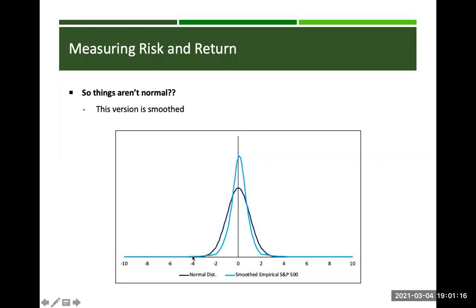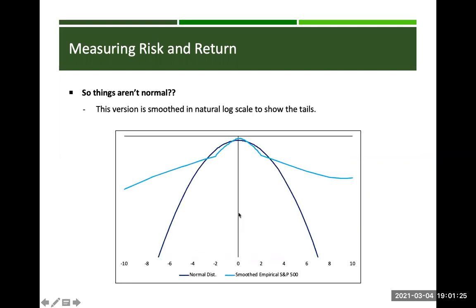It's hard to see the level of the tails. And so what I did is I turned this into a log scale graph so you could better see how much different the smooth empirical is. This is a log scale, and this is a smooth estimate based on empirical evidence. Look at how much higher that tail is on the downside and the upside.